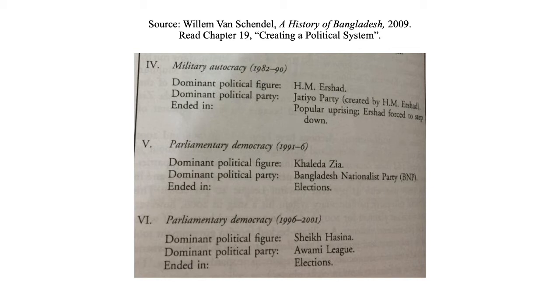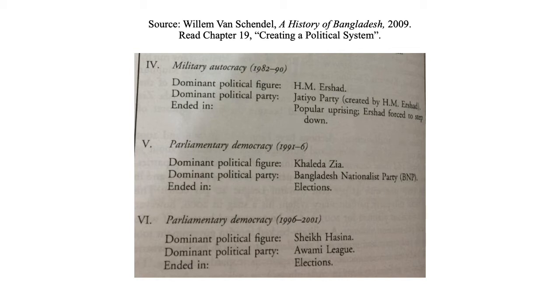The 5th phase was the parliamentary democracy from 1991 to 1996. The dominant political party at that time was BNP, Bangladesh Nationalist Party, and it ended by an election.